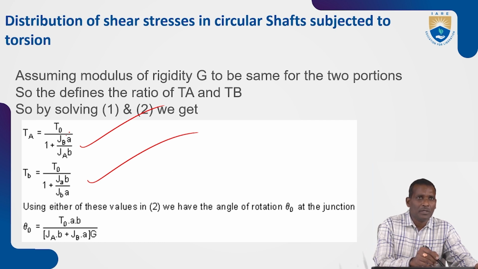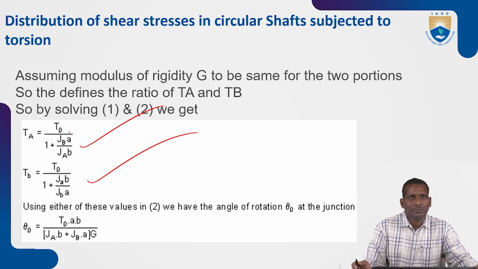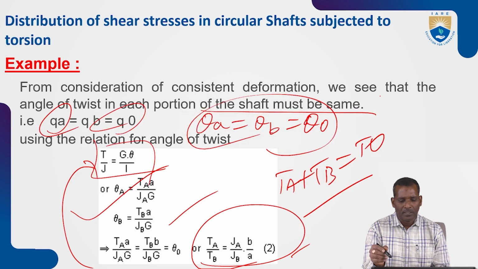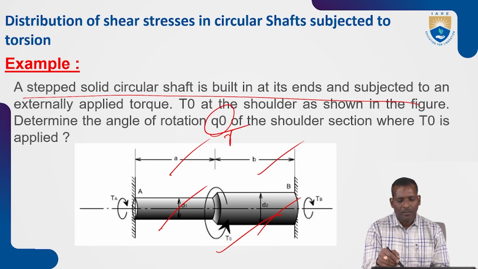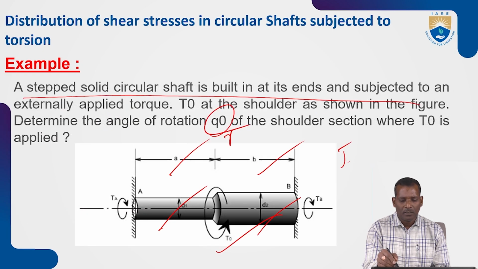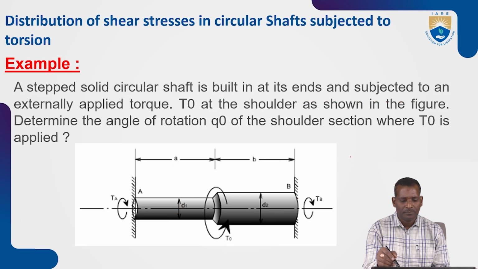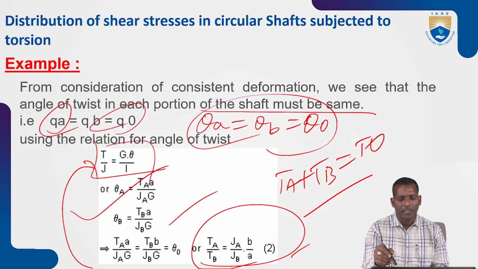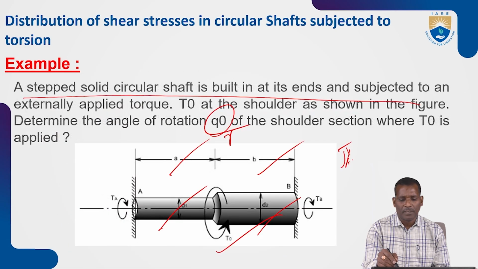Similarly, the polar moment of inertia at B and the polar moment of inertia at A. The shaft shown in the diagram is a solid shaft, so here J naught or JA and JB are given. You can calculate JA is equal to pi D1 to the 4 by 32.